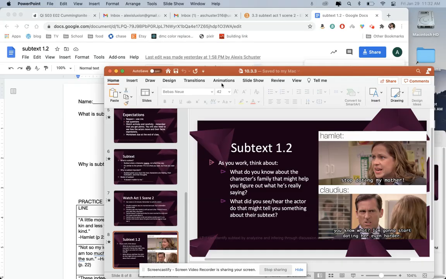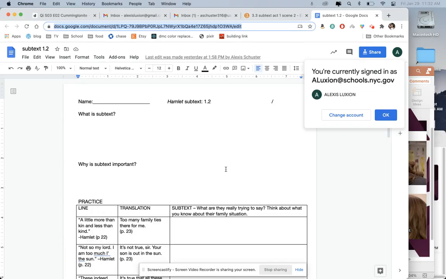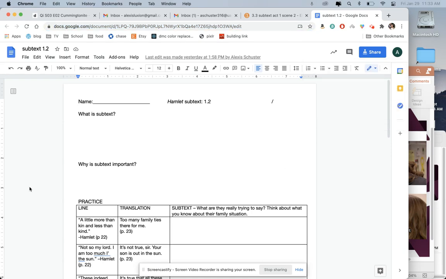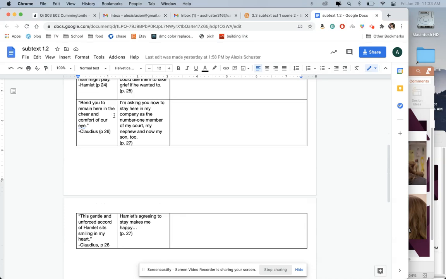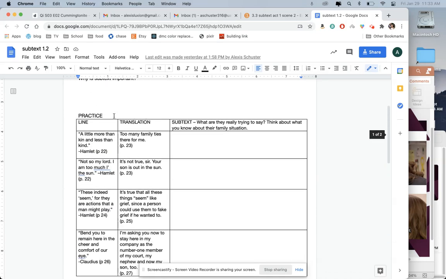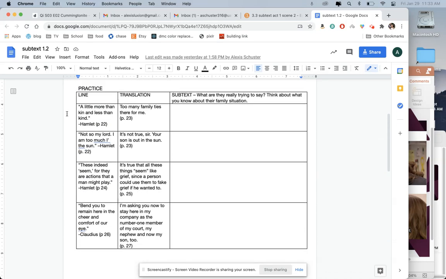Okay, so if I go to my worksheet here, I don't need to worry about these. Okay, these are the lines that I'm working with, these 5 lines. Okay, so Hamlet says, "A little more than kin and less than kind." And the translation is, there are too many family ties for me.